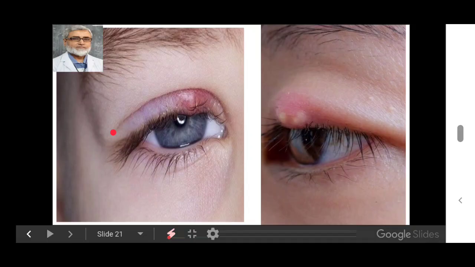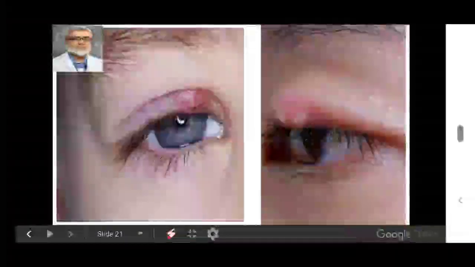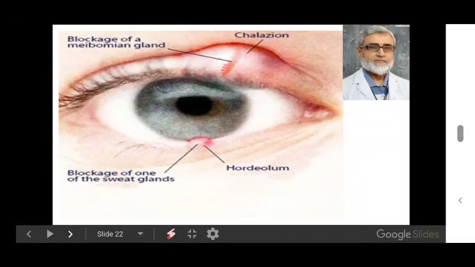A common infection of the eyelids is blepharitis, and next is a collection of some cheesy material in the eyelids, usually the upper eyelid. It is a painless, simple swelling we can observe very clearly over the eyelid. While reverting the eyelid up, you can see the bulging and swelling.